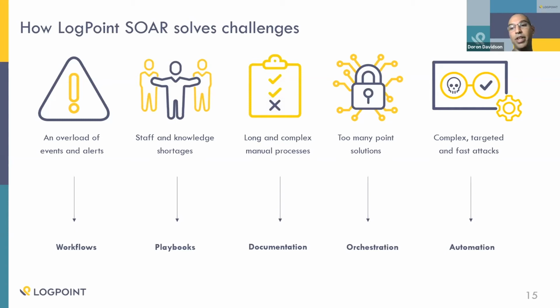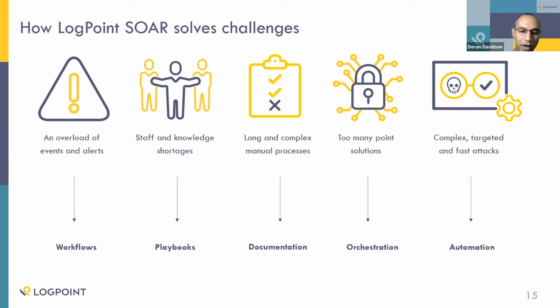Some of them are coming out of the box through LogPoint. So we already have many different use cases and playbooks implemented as part of the system. We did make sure that as part of the development process, we are developing them in a way that it doesn't matter what kind of security controls you have in place.